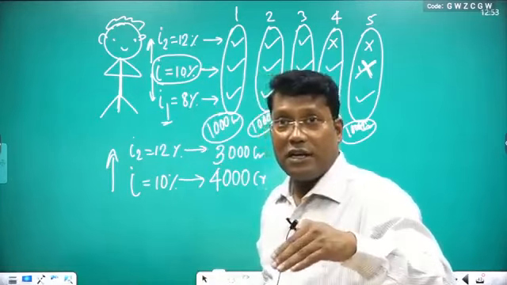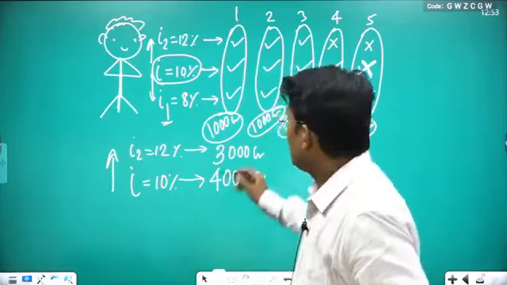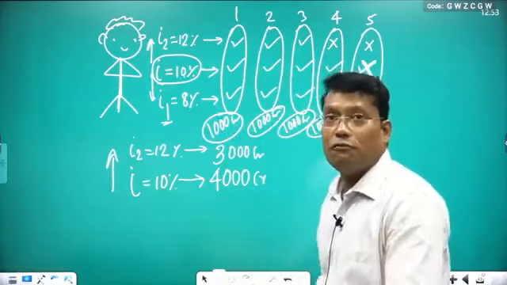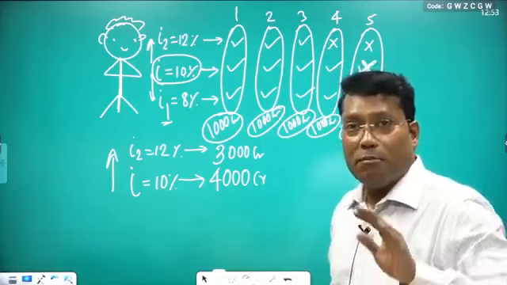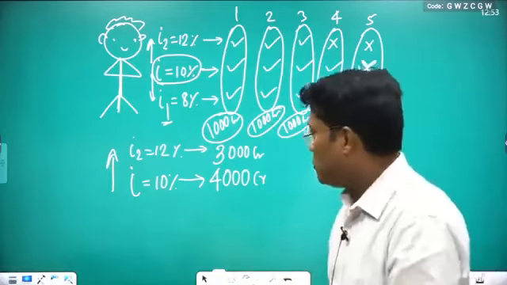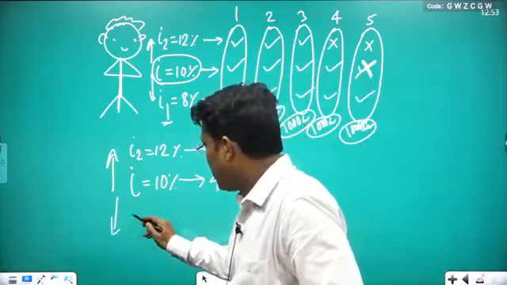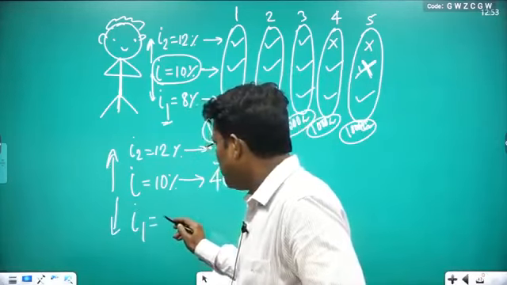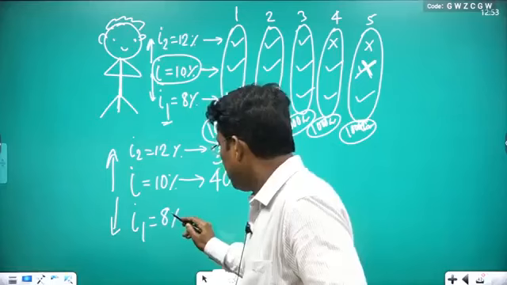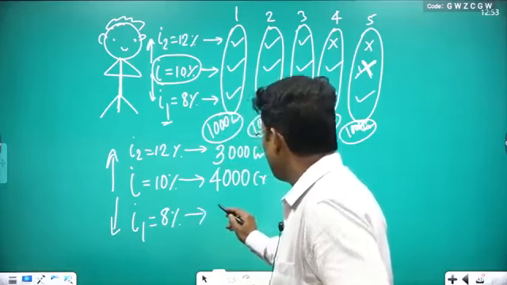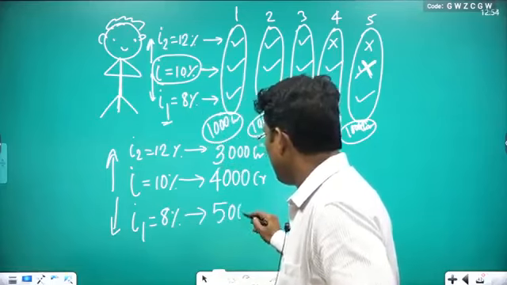Because rate of interest declined, cost of investment has declined. So now all 5 projects are feasible for you, means benefits are more than the cost. So when interest rate declines from I to I1, which is 8%, total amount of investment is 5000 crore.